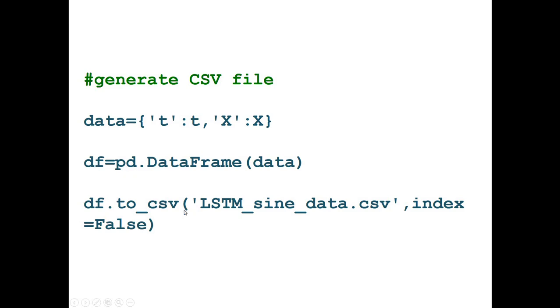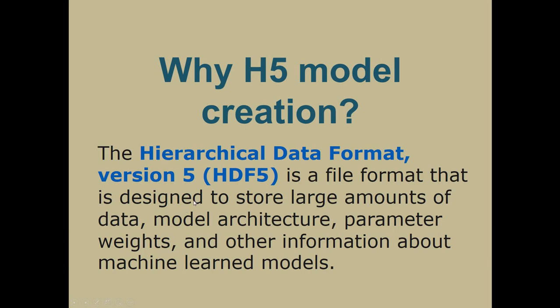Now the last part comes when you would like to port this model in a single file instead of having the entire program taken along with you. The hierarchical data format version 5, called HDF5, is a file format that is designed to store large amounts of data, model architecture, parameter weights, and other information about machine learned models.